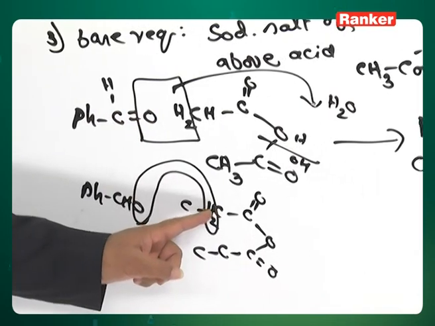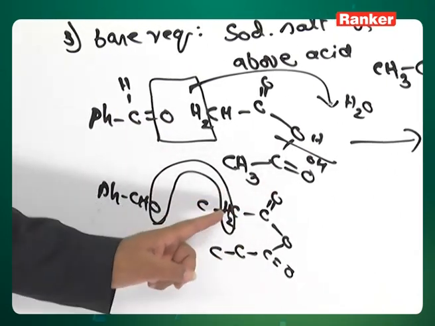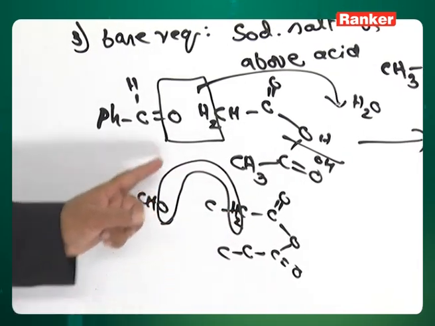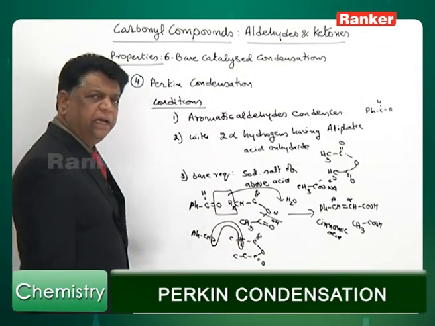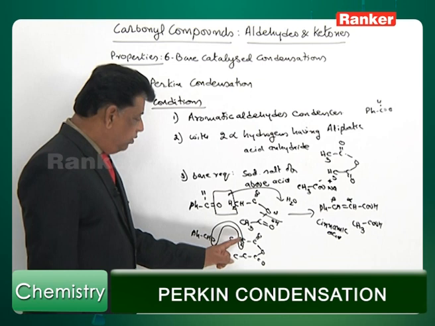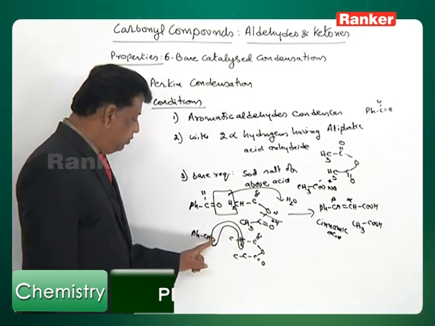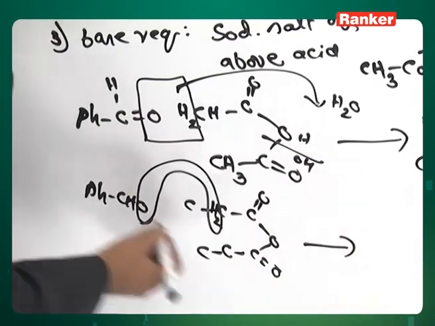Which proton will be removed? The alpha carbon's only, because that is hyperconjugable or acidic. So the anion comes here, and that will attack. Therefore, while condensing you must be very careful. Whatever the long acid anhydride given, only the alpha hydrogens, 2 hydrogens, and the O are removed as water.